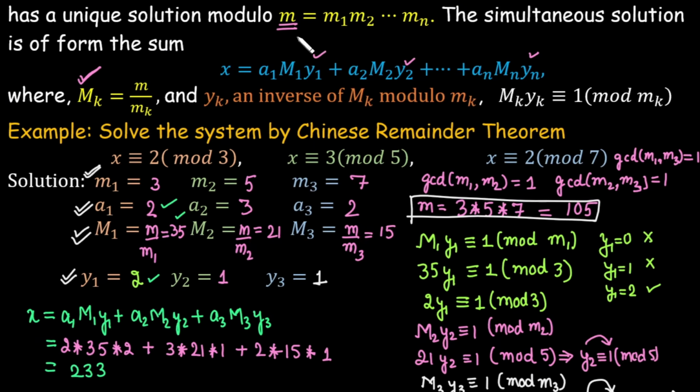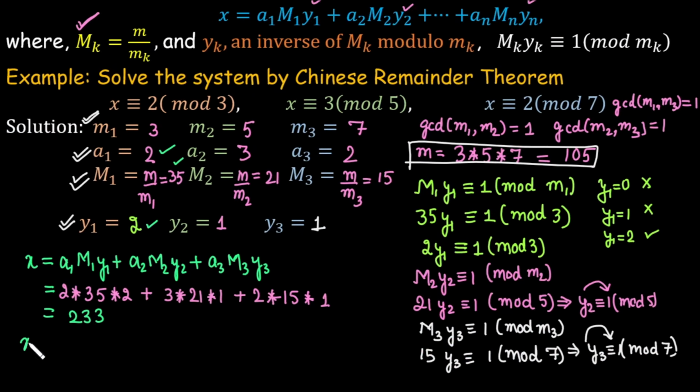After that, we just need to calculate the remainder when this number is divided by small m. It means we need to convert this equality in the form of congruency. So x is congruent to 233 mod m, and the value of m is 105.